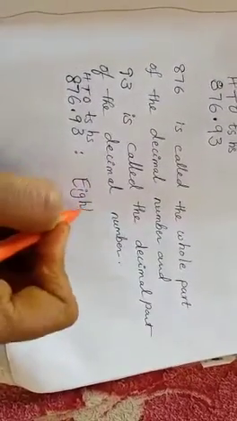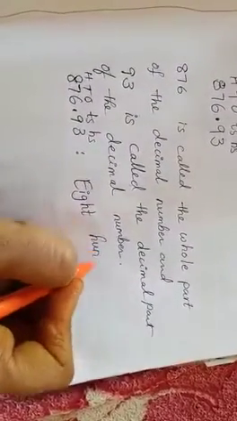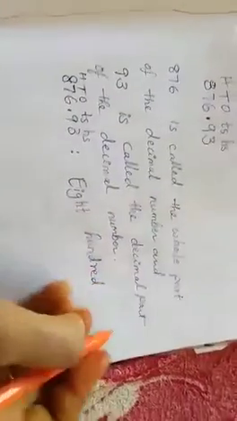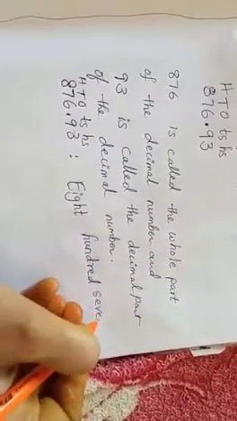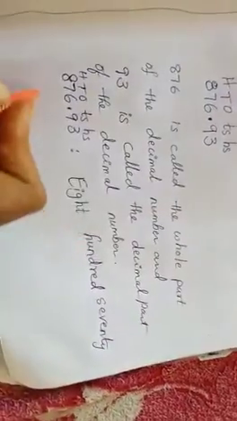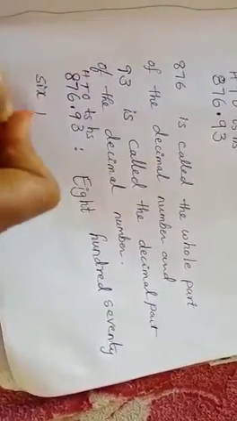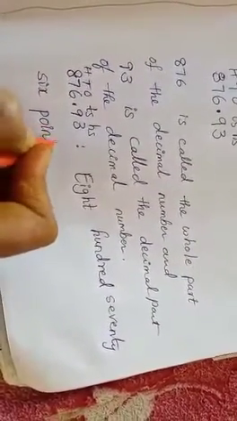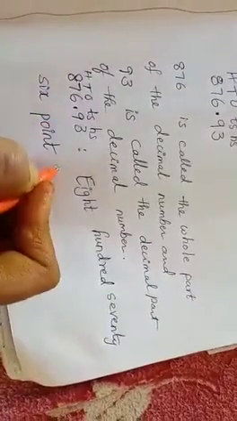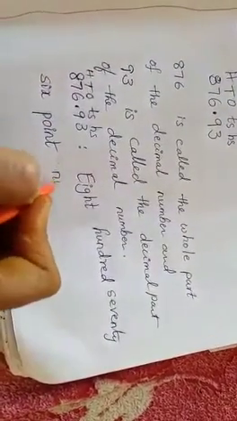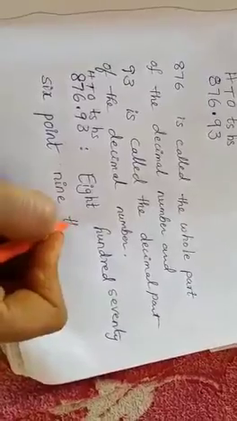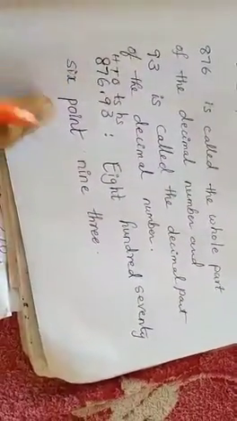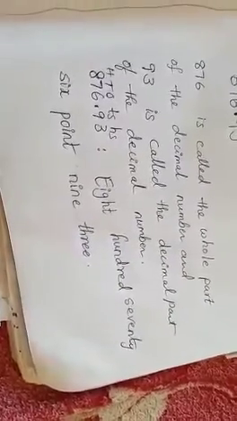EIGHT 8, HUNDRED 100, SEVENTY 70, SIX 6, 876, point, and you have to read these separately, right? So this is 93. So 876.93. Okay children.